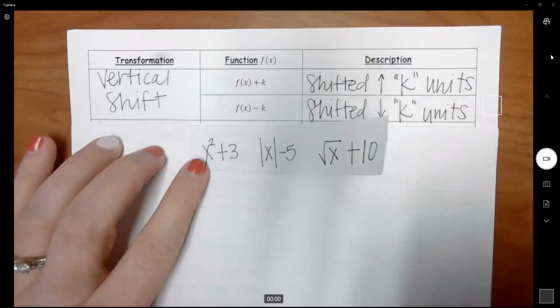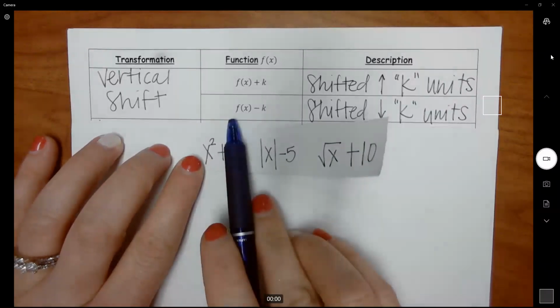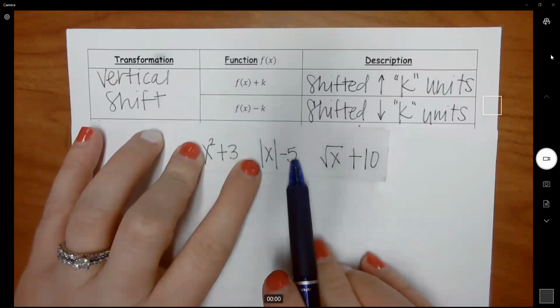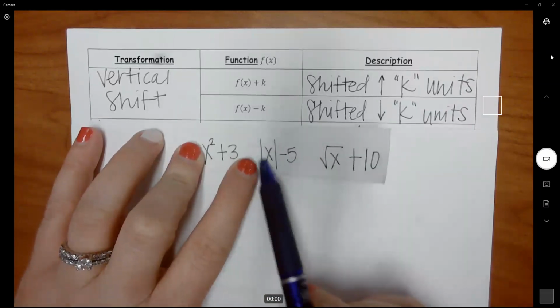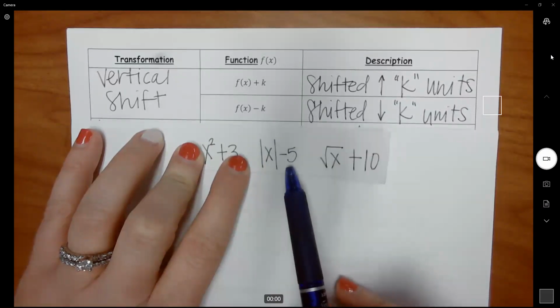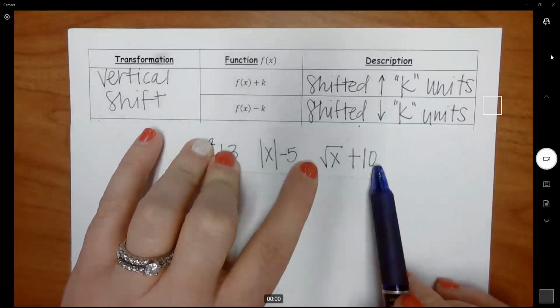So here I have x squared, which is a parabola, plus 3, so it makes this parabola shift up 3 units. Here I have the absolute value of x minus 5, so I'm taking the absolute value of x, which is that V shape, and I'm shifting it down 5 units. Here we have the square root of x function plus 10.